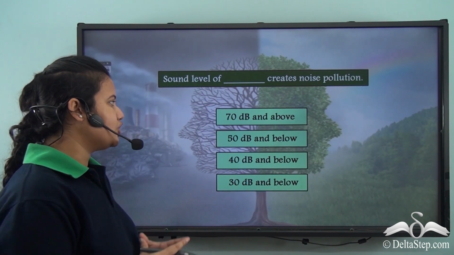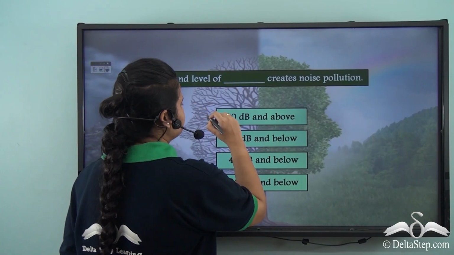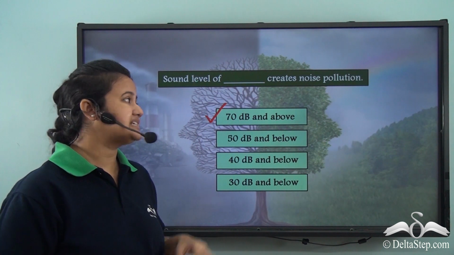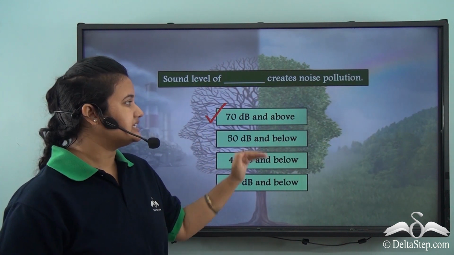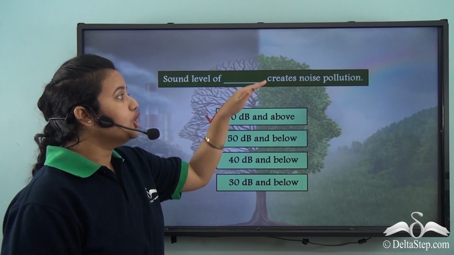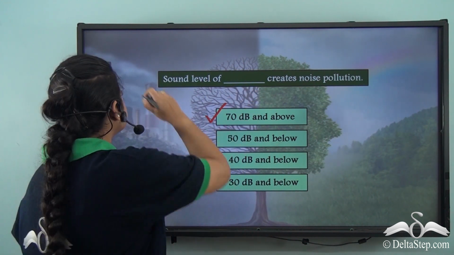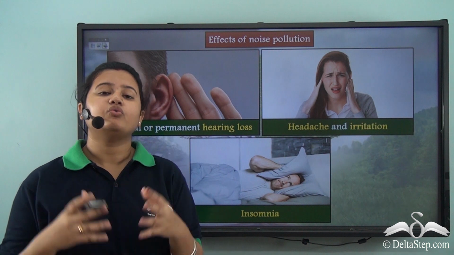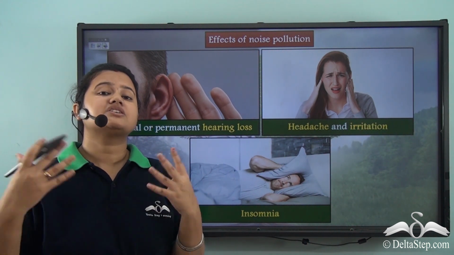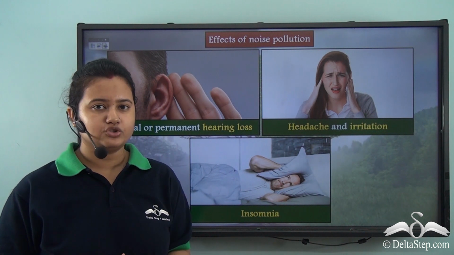Yes, the correct option is 70 decibel and above. Now, if you remember, I just mentioned that any sound of 70 decibel and above is very loud and leads to noise pollution. So, till now we understood the meaning of noise pollution and various sources of noise pollution.